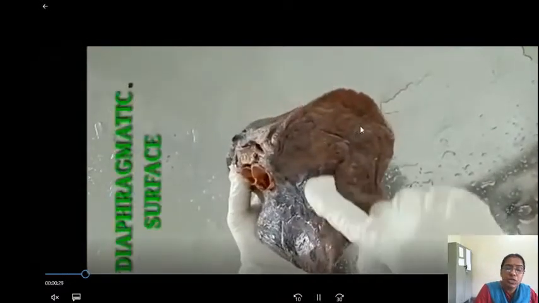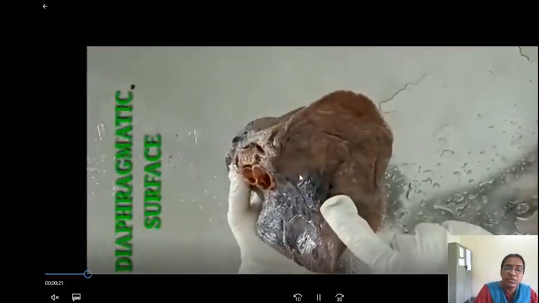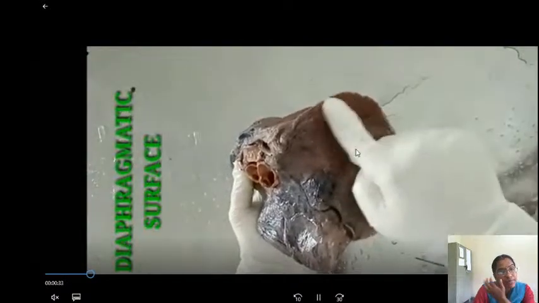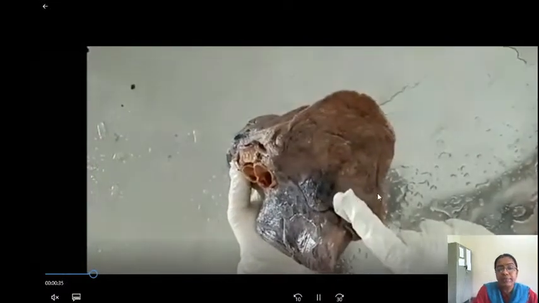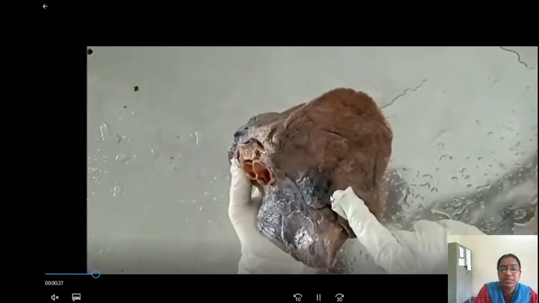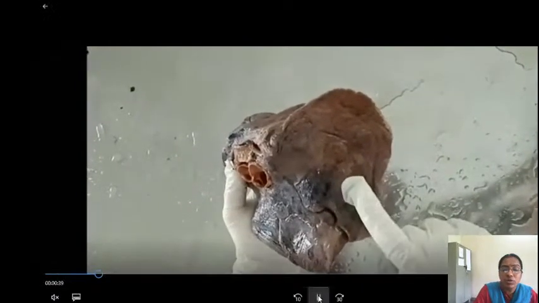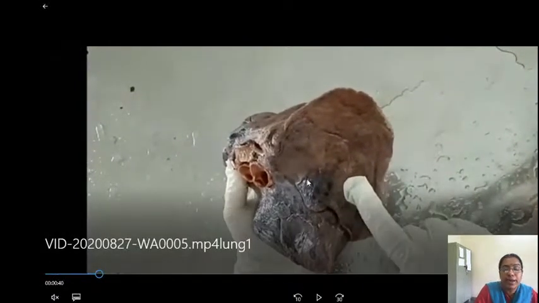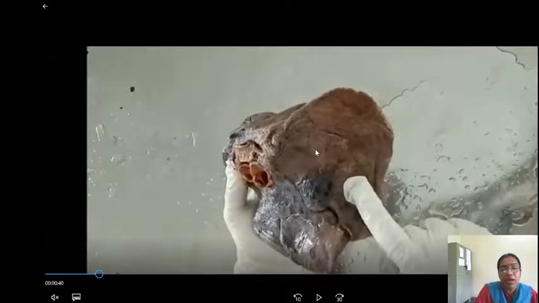Opposite to the apex, what you are seeing is the base, which is concave, and this surface is called the diaphragmatic surface. As we have said, there are two lungs. The right diaphragmatic surface is related to the right dome of the diaphragm along with the right lobe of the liver.